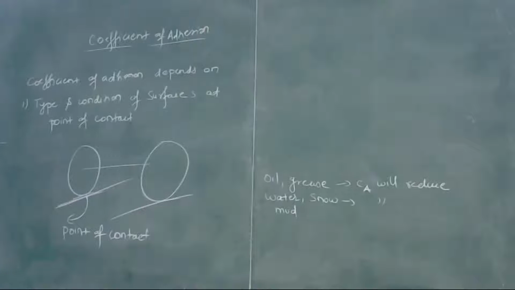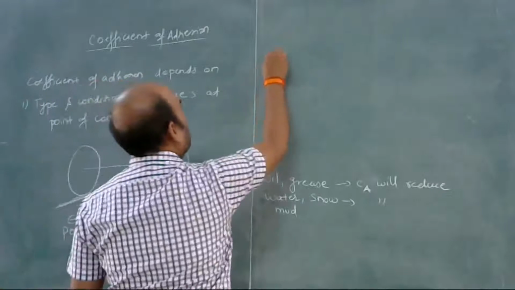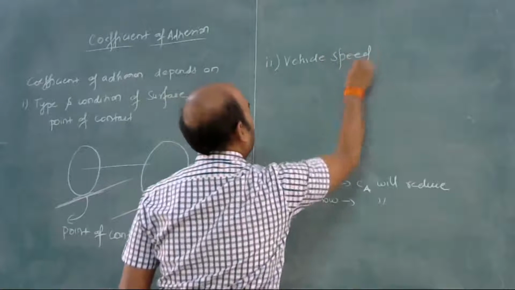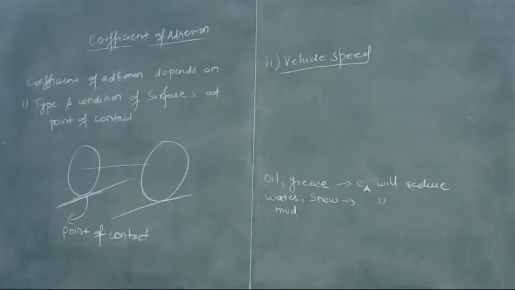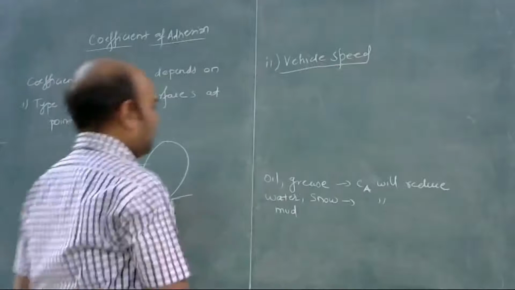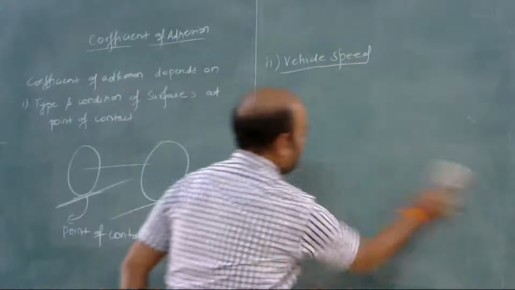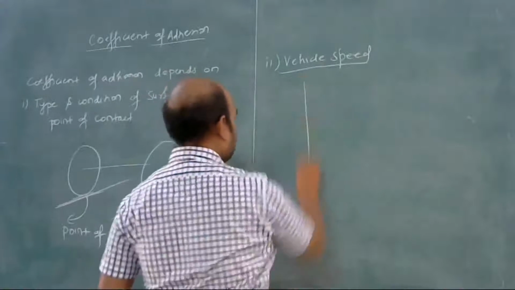So next is vehicle speed. Okay. So first we will see the variation of speed with respect to CA.